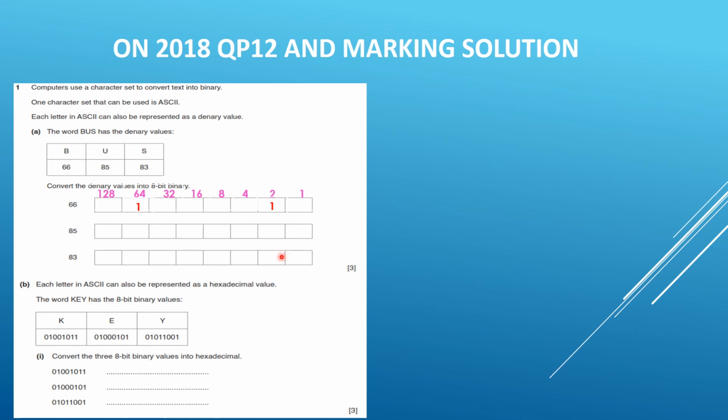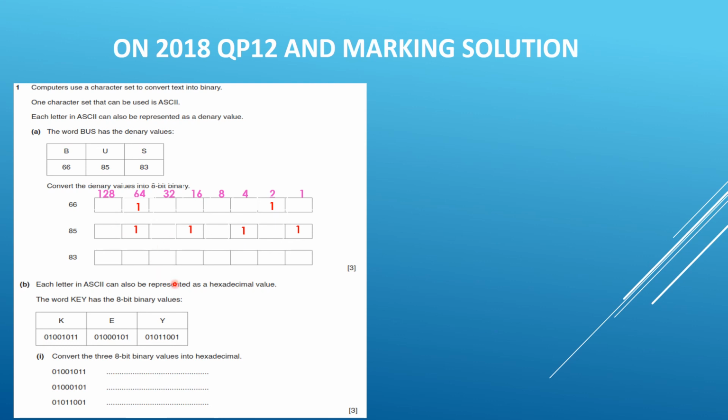To get 85, I will be putting 1 under the binary notation 64, then 16. 64 plus 16 gives me 80, and now I need 5. So 80 plus 4 is 84, and definitely plus 1 gives me 85. The rest of the boxes will be marked with 0.